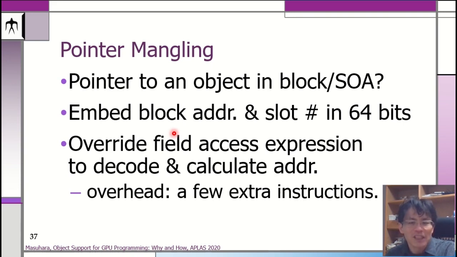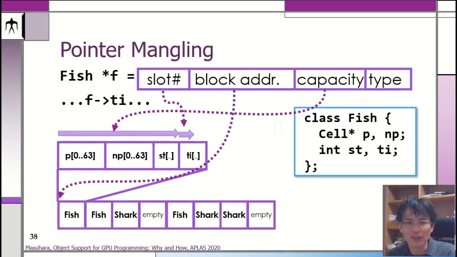What we did is to encode the block address and the slot number inside of a block into a 64-bit pointer, and by overriding the field access expression in C++, that expression will decode this information from the pointer-like value and calculate the actual appropriate address for the field. And this actually requires only a few extra instructions and no extra memory accesses.